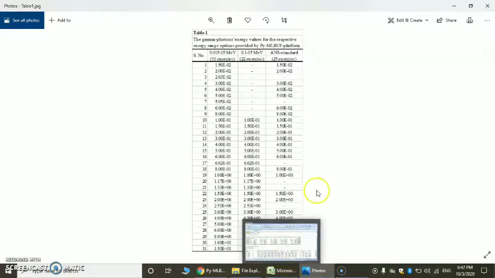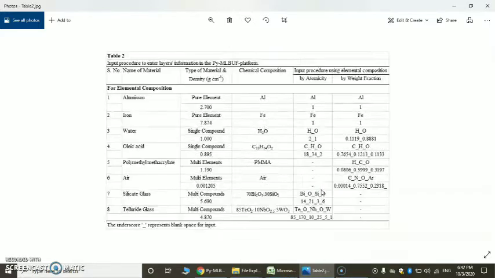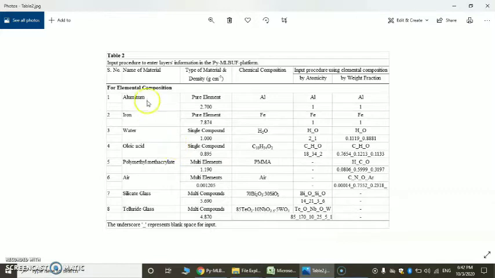Then we have another table. This table is for elemental composition. We have different elements like aluminium, iron, water, oleic acid. The type of material, like aluminum is a pure element, then its chemical composition, its elemental composition by atomicity or by weight fraction.